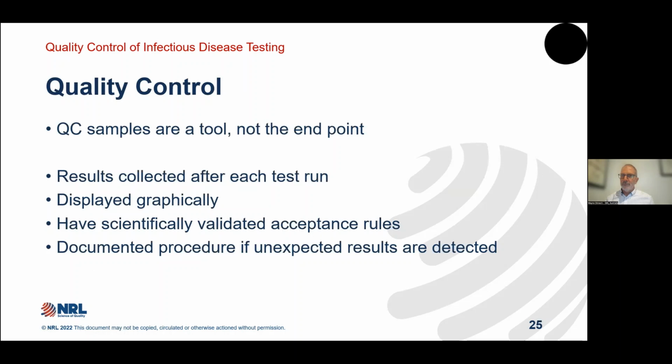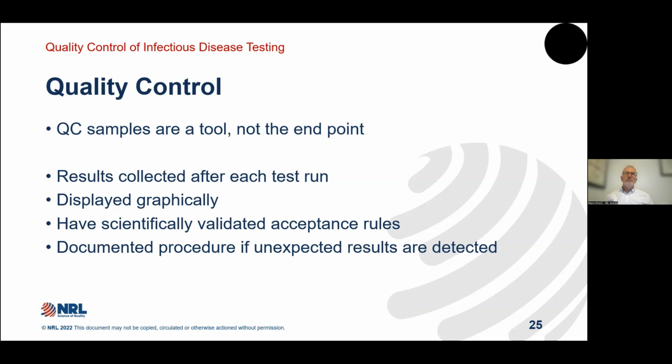And thus one way to understand what this variation means is to use quality control. This is what we do in routine clinical chemistry testing as well, but it has a different effect in infectious diseases testing. But the principles are fairly similar to start with. QC samples are the tool that we use, not the end point. We use those as a method to understand what that variation is, but not necessarily giving us the final answer.